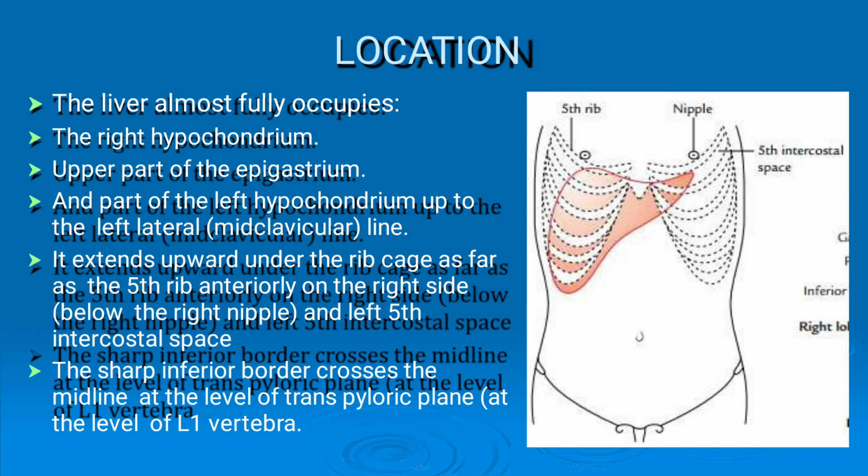Everything is there: the rib cage, the fifth rib anteriorly on the right side, and the fifth intercostal space. This one is the sharp inferior border. Now we plan to move and see.